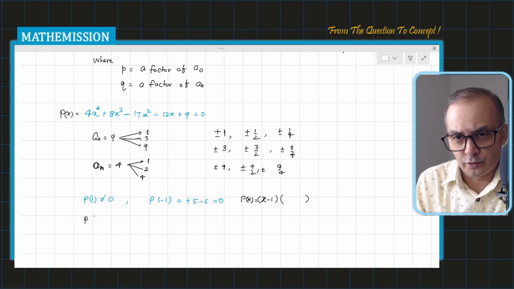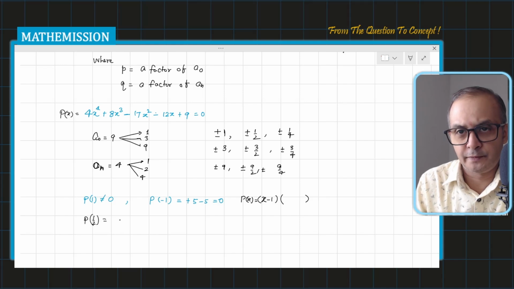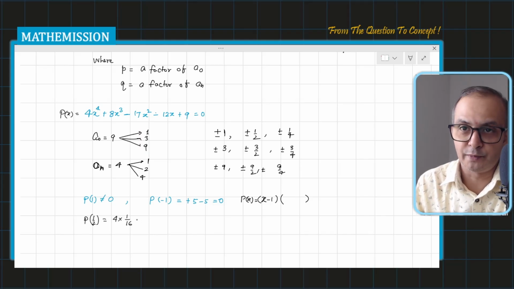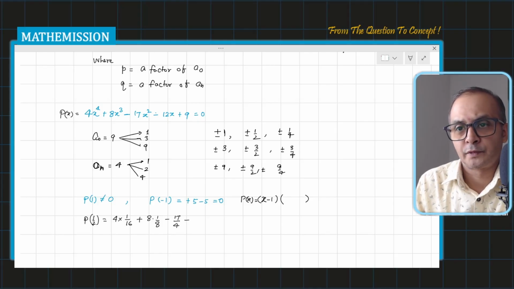So once you substitute 1/2, that is going to be 4 into 1 by 16, plus 8 into 1 by 8, minus 17 by 4, minus 12 by 2, and plus 9.